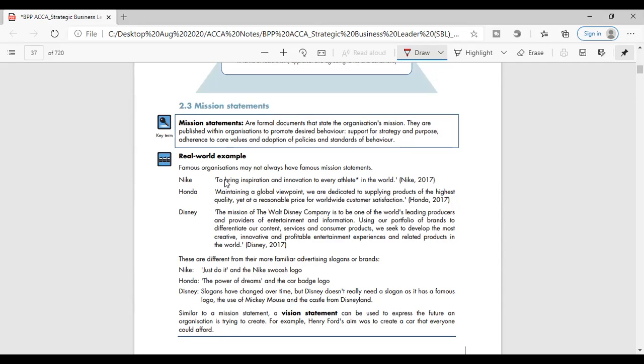So one mission statement can have multiple objectives, as we can see here, maintaining a global viewpoint. And we also will be equipped with the global changes. Whatever the changes coming in the global landscape, we will be on top of this. So if Tesla is bringing the electric car and some advanced technology, we will also be bringing that. We will also compete with Tesla on the price, and we'll also have all the latest models.